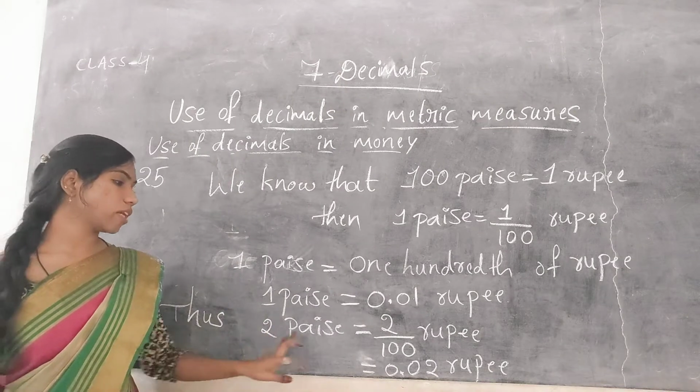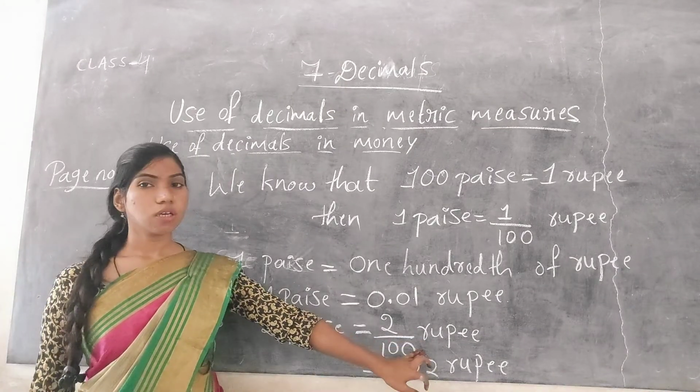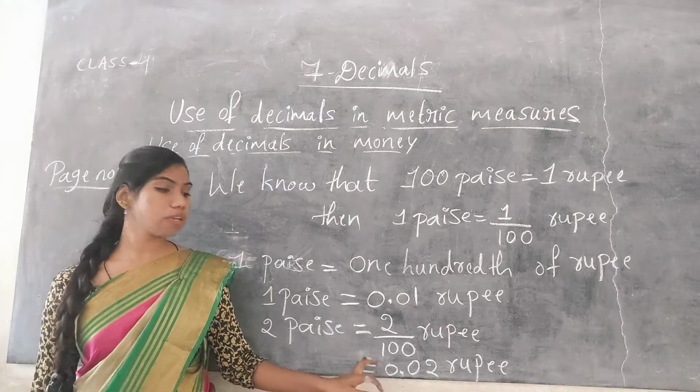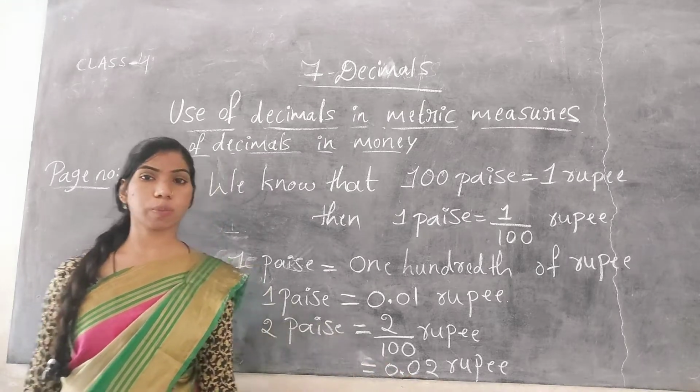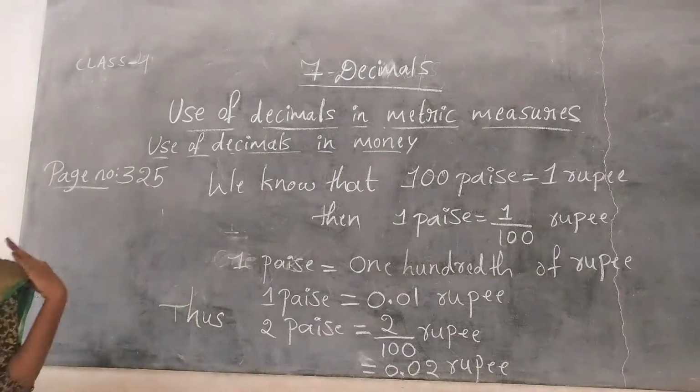So 2 paise is equal to 2/100th rupee, and we write it as 0.02 rupee. So write down this in your class work.